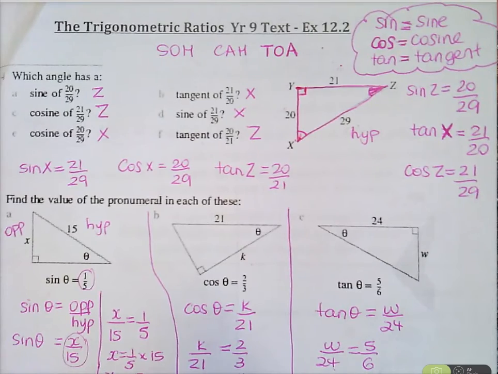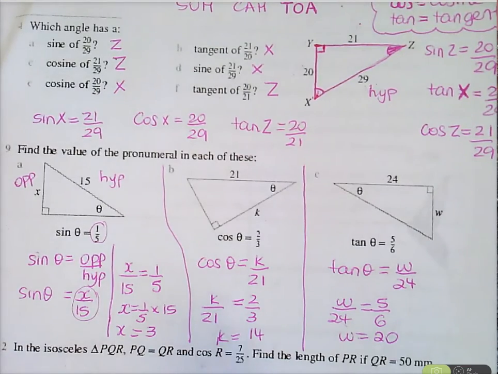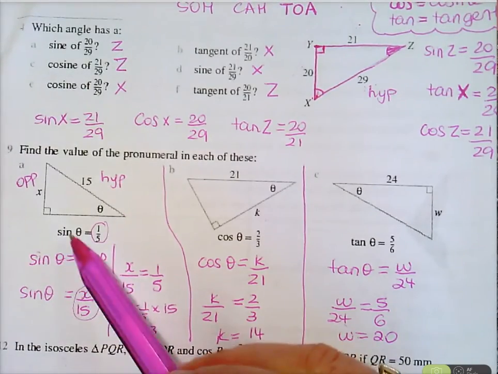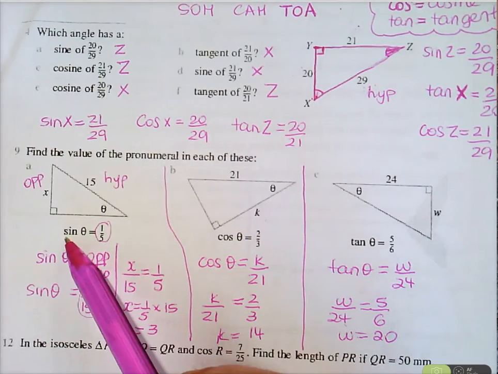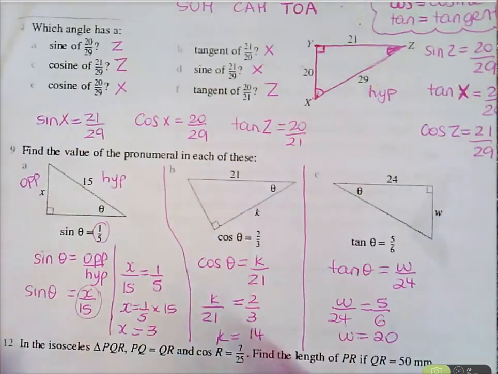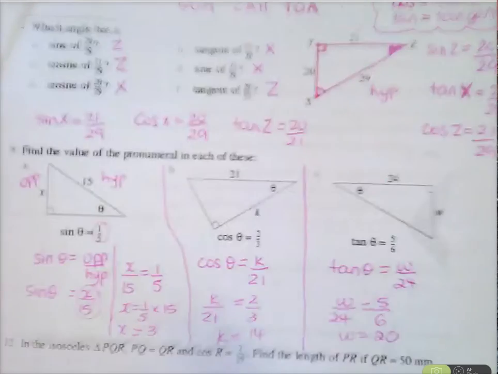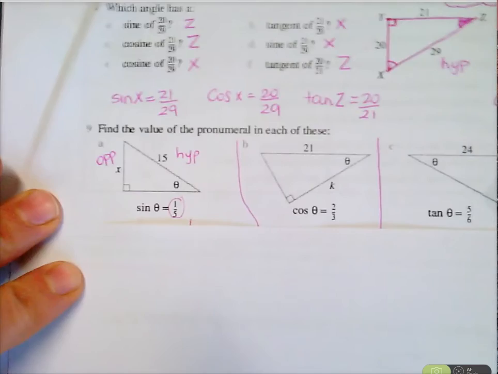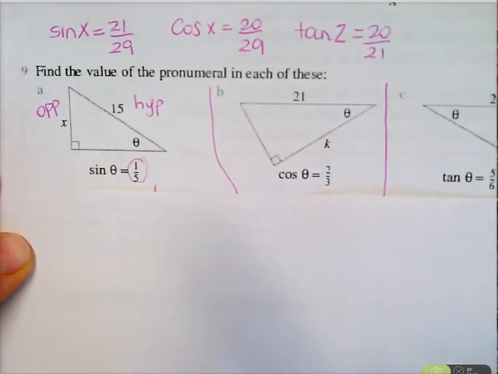Are we good? With the second one, a lot of people find these confusing. In this question, they tell you that sine of theta is 1/5. All right, girls, in this question, the first one, it says find the value of the pronumerals.